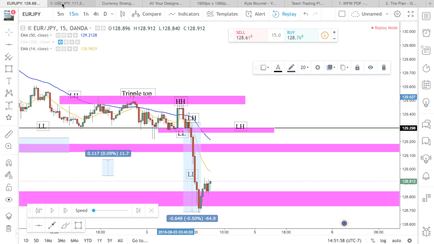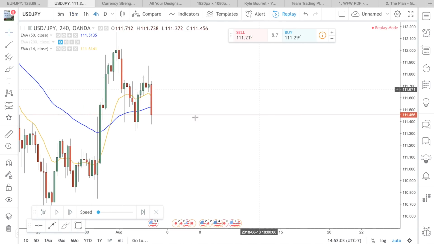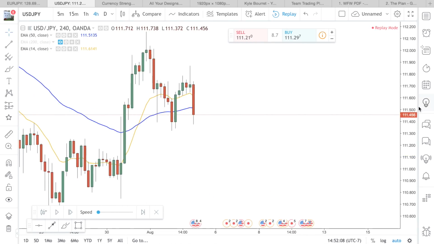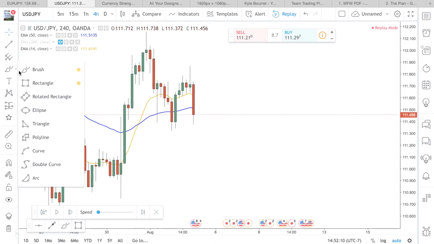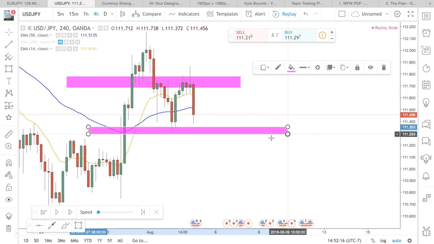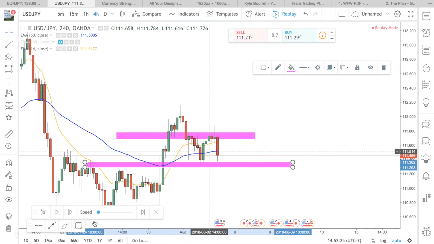So I'm going to leave this here. And now I'm going to go to USD JPY, because I want to show you guys some more. So what has USD JPY done? Looking left, seeing this whole structure.